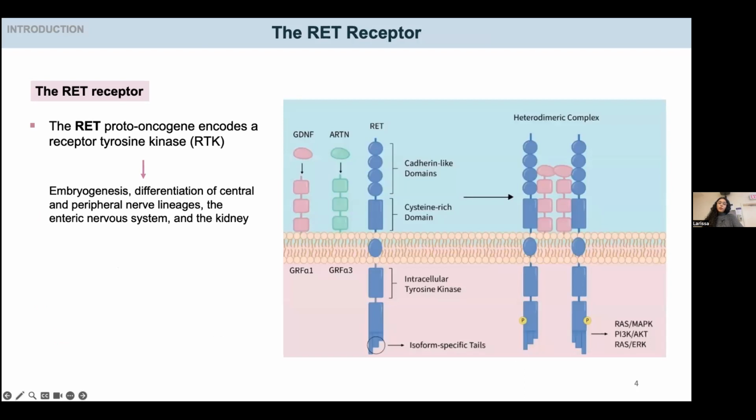The RET proto-oncogene encodes a receptor tyrosine kinase that is essential for the development of multiple systems, including the nervous system, kidney, and endocrine organs. In the nervous system, RET is critical for the development of the enteric nervous system, which regulates gut motility, as well as for the sensory innervation development.